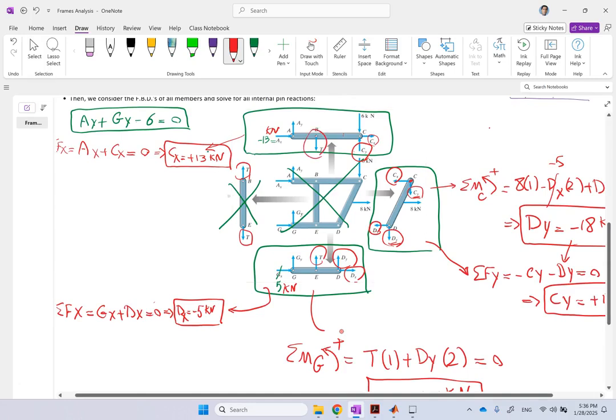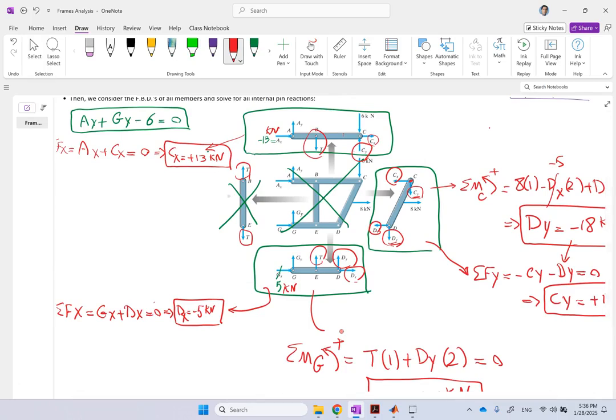And so now in here, you can simply use sum Fy equals 0. And there is Ay and Cy and minus T and minus 6 is 0, but guess everything else is known except for Ay.